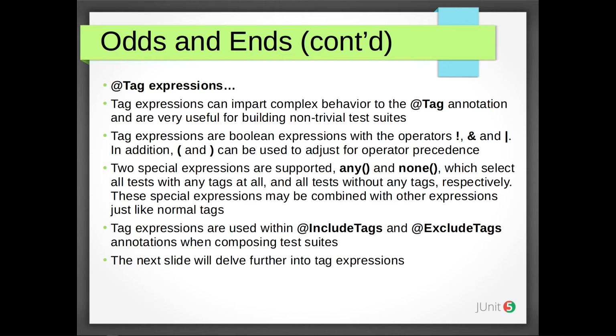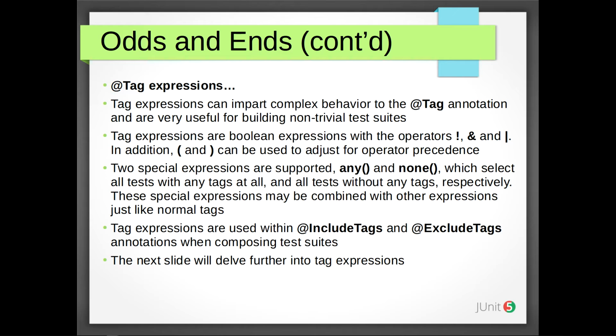Tag expressions. Tag expressions can impart complex behavior to their tag annotation usage and are very useful for building non-trivial test suites. Tag expressions are Boolean expressions with the operators exclamation mark, ampersand, and vertical bar or pipe.